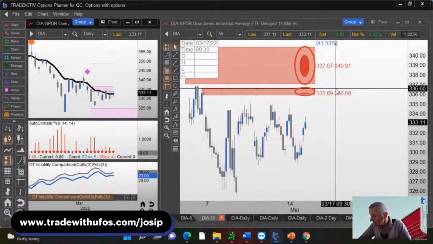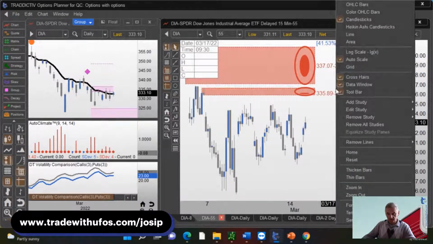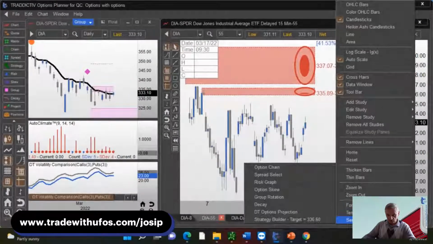So if this is clear, feel free to type in the chat box that you get this, because next I'm going to look for a strategy using the Tradactive Option Planner. I simply put the mouse at the high of this red UFO of the 55-minute, right-click, go down to where it says ascend to, and target this area around 3660.